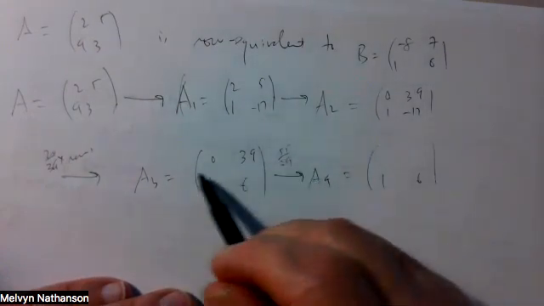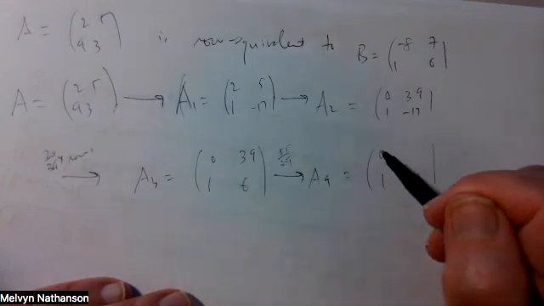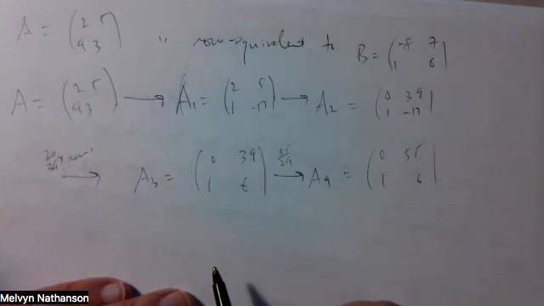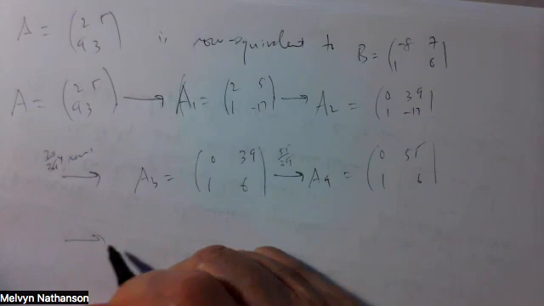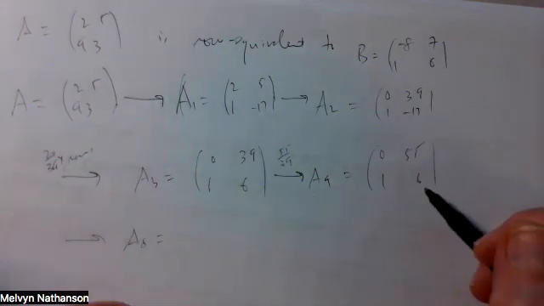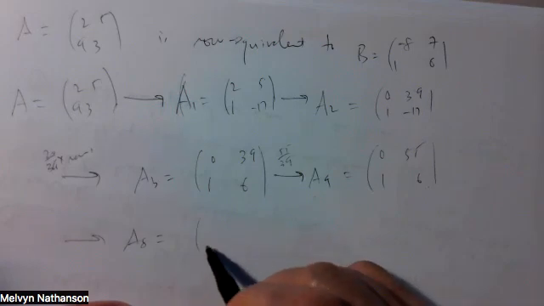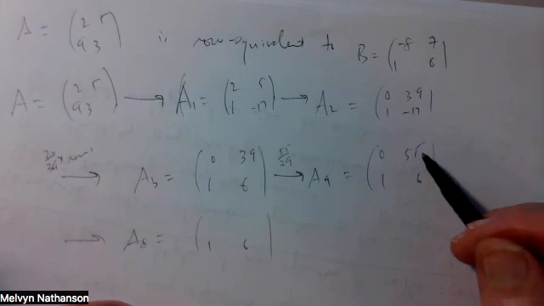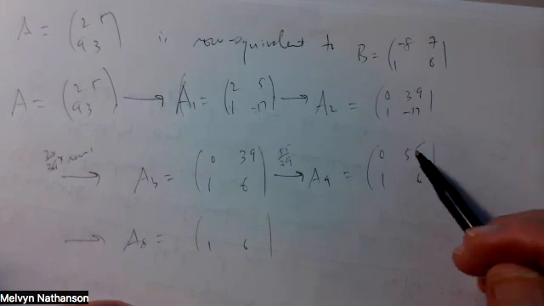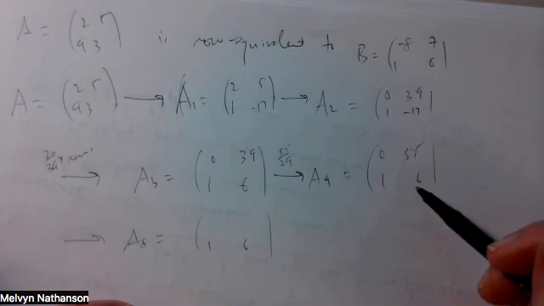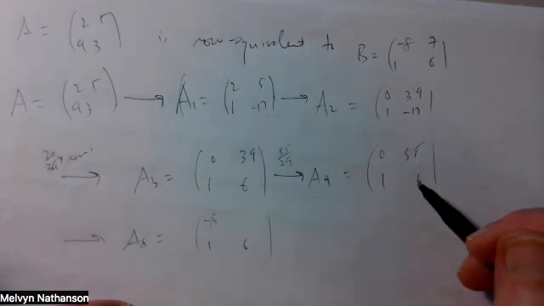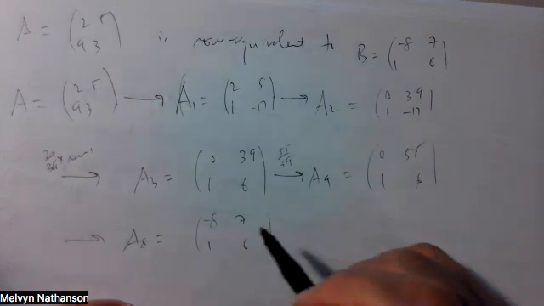So if you multiply this row by 55 over 39, 0 times anything is 0. 39 times 55 over 39 is 55. Let me take this matrix, and I'm not going to change the second row, but I'm going to add a multiple of the second row to the first row, namely minus 8. So I'm going to take the first row minus 8 times the second row. So 0 minus 8 is minus 8. 55 minus 8 times 6 is 48. 55 minus 48 is 7.